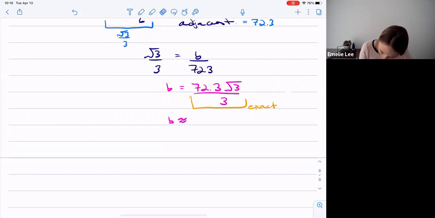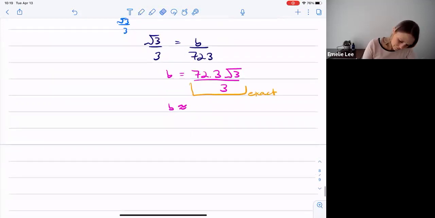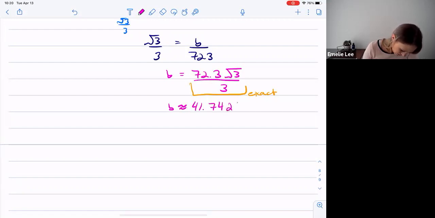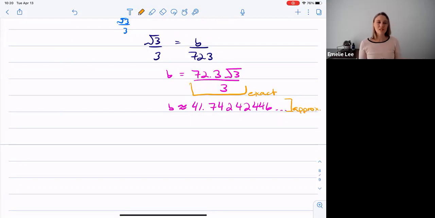And maybe what I'll do is let's do the approximate answer. 72.3 times the root of 3, I'm just going to grab it again, divided by 3. 41.7424446, and of course, it keeps going. So this is the approximate answer. It depends on what it asks for.